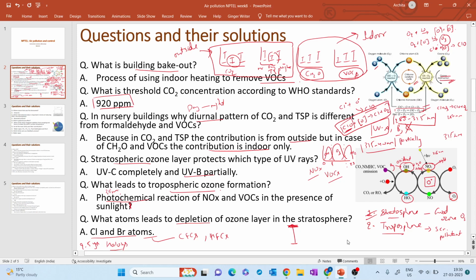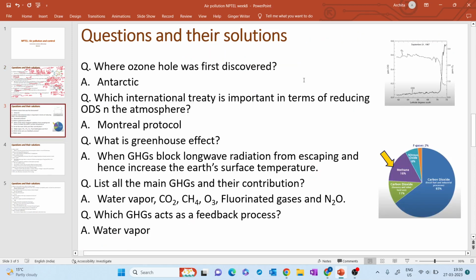Okay, so let's go to the next slide. Now this question is simple: the ozone hole was first discovered in Antarctica. The ozone hole is not actually a hole. It's a layer of gas around the earth, and in certain places the gas is thin.